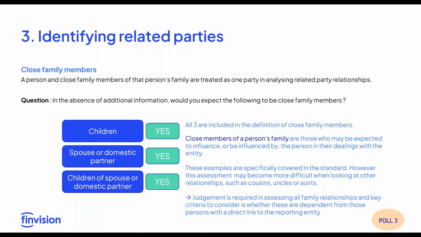But if these persons are dependent on you or can be influenced by you, then these can also be close family members. So judgment will be required in assessing all family relationships, and the key criterion to remember and to consider is that these are dependent on those persons that have a direct link to the reporting entity.